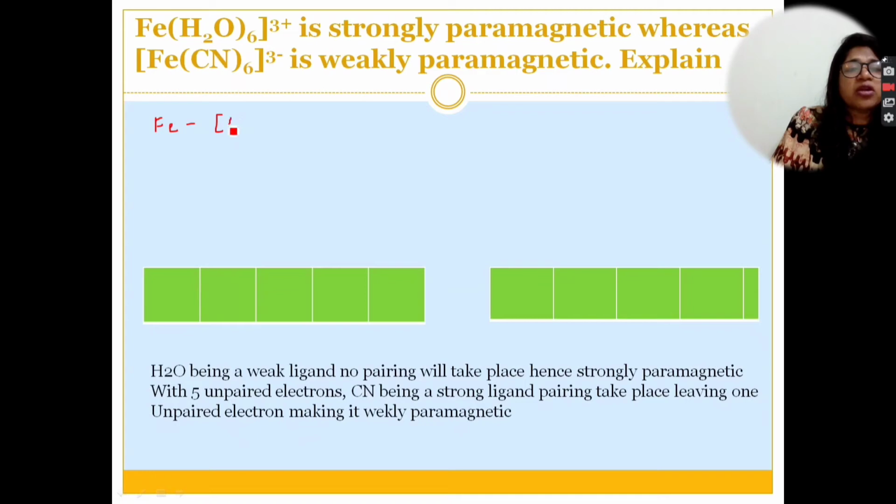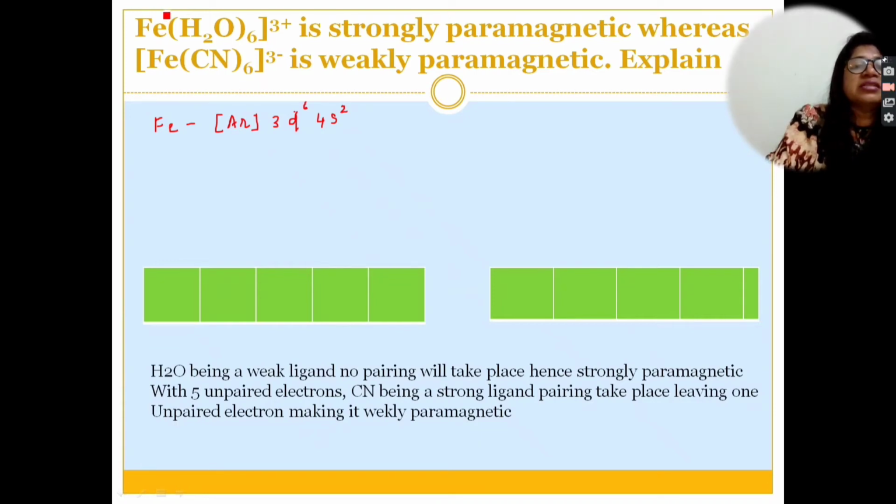Fe, what is the electronic configuration? Argon 3d6 4s2. To know the electronic configuration like this, you should learn the order of elements in the 3d series. So you will get it. It is very important to learn the order of elements. It will also help you in the d and f block chapter. What is the oxidation state of Fe?